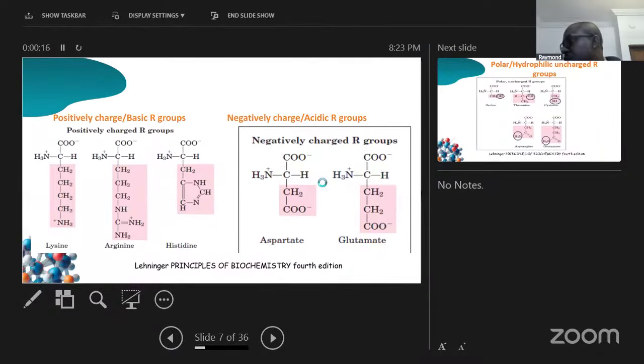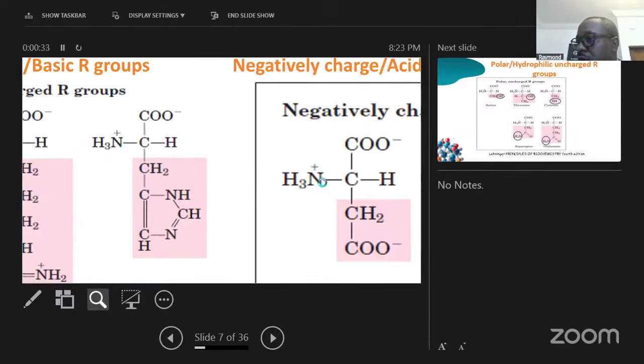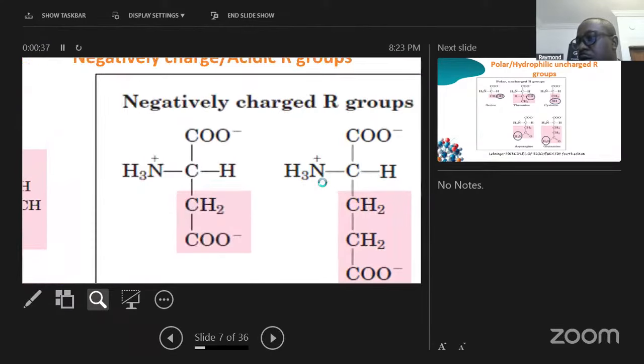Is it better? I can actually zoom in so that I will see better. Okay, so I can actually zoom in.